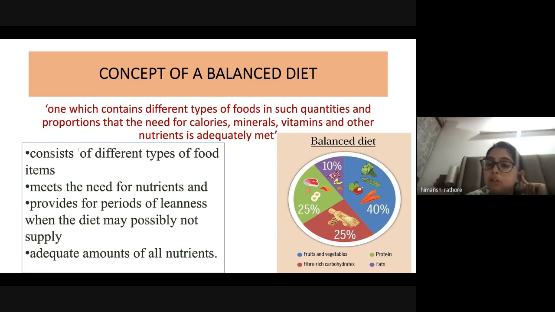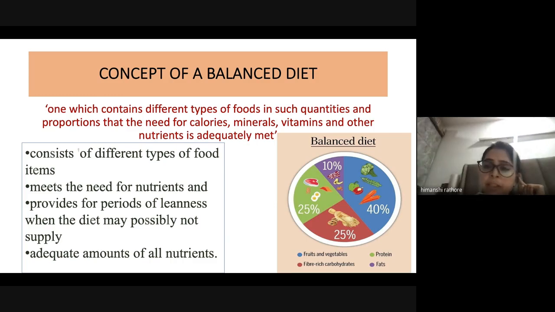And here is a graph which is showing you the different percentages at which they are required. The maximum amount of food group required in your balanced diet is fruits and vegetables, about 40%. 25% is your bread, wheat and rice. Then 25% is your meat and meat-free products, and 10% is your other foods like nuts, oils, fats and proteins.